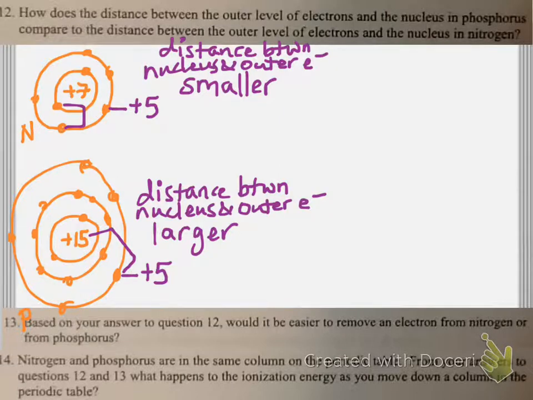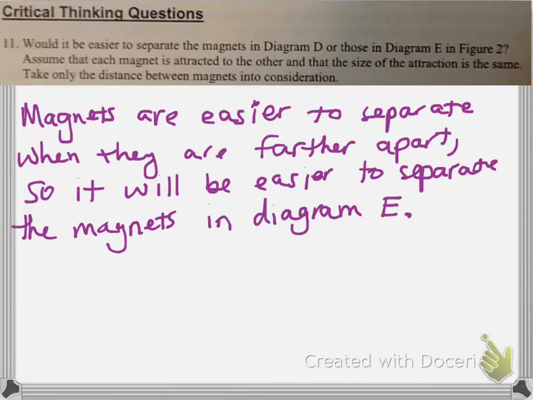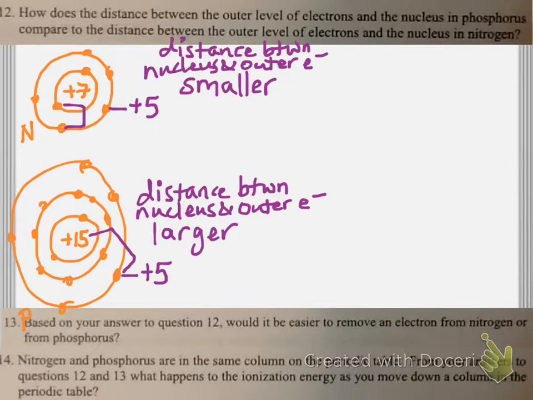Number 13. Based on your answer to question 12, would it be easier to remove an electron from nitrogen or from phosphorus? This is going back to this idea about magnets that are easier to separate. That's also going to be true when we're talking about forces of attraction. So we want to know which electron would be easier to pull off. An electron from the third energy level of phosphorus or an electron from the second energy level of nitrogen. It's going to be easier to remove an electron from phosphorus because it's the same attraction over a greater distance.